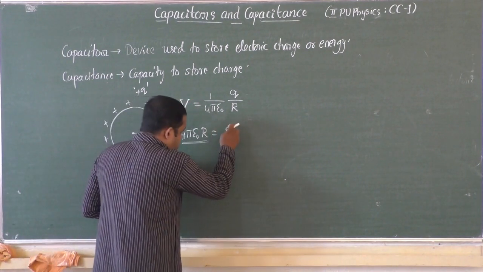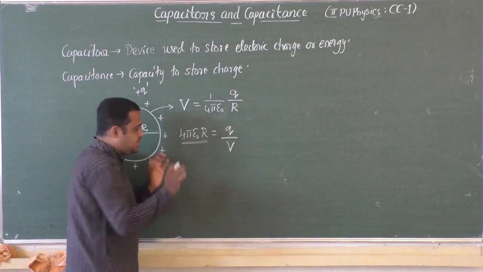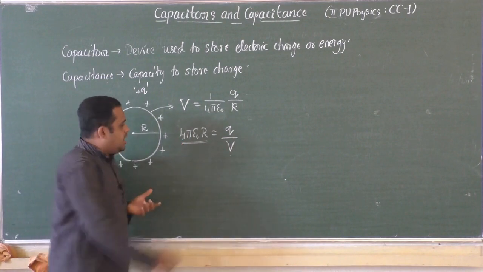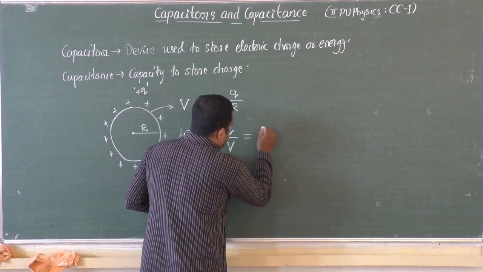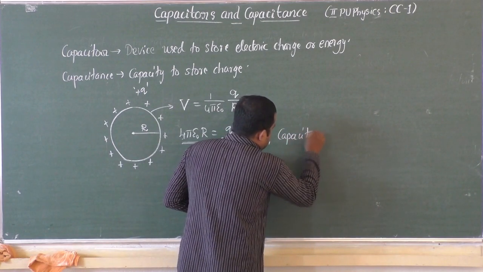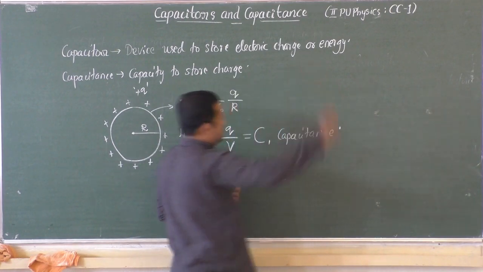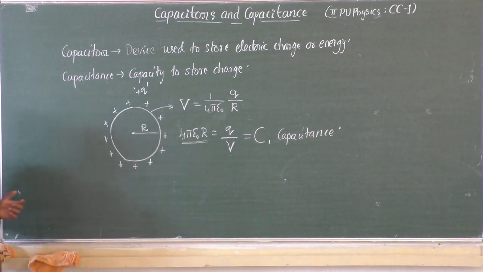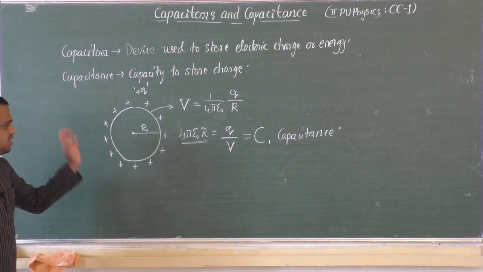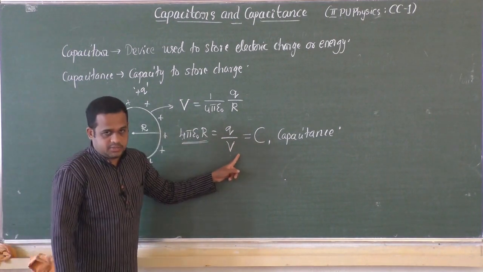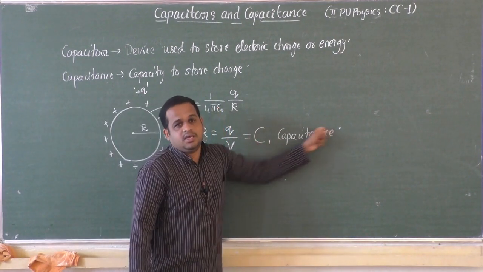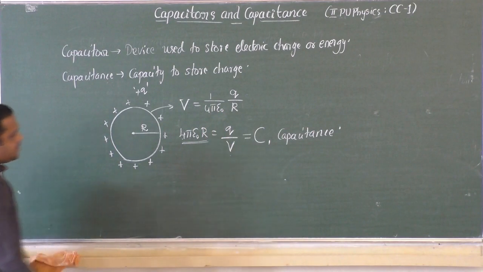If you consider the ratio of the amount of charge stored in a conductor to the potential on it, you will get a constant value, and this ratio is represented as C and is called its capacitance. The ratio of the amount of charge stored in a conductor, material or device to its potential is a constant, and that constant term is called capacitance.